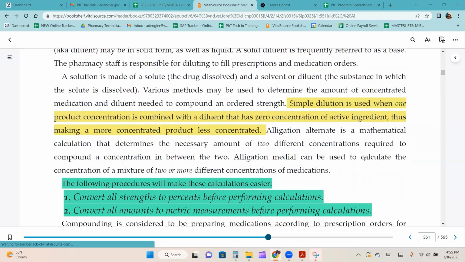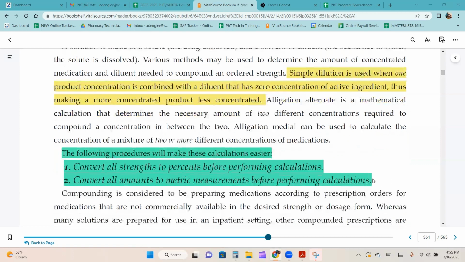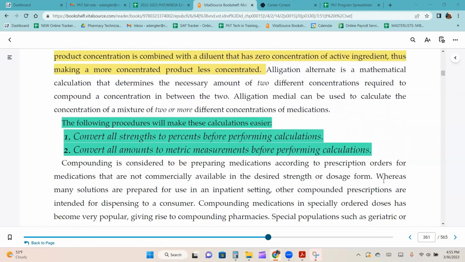Alligation alternate is a mathematical calculation that determines the necessary amount of two different concentrations required to compound a concentration in between the two. Alligation medial can be used to calculate the concentration of a mixture of two or more different concentrations of medications.